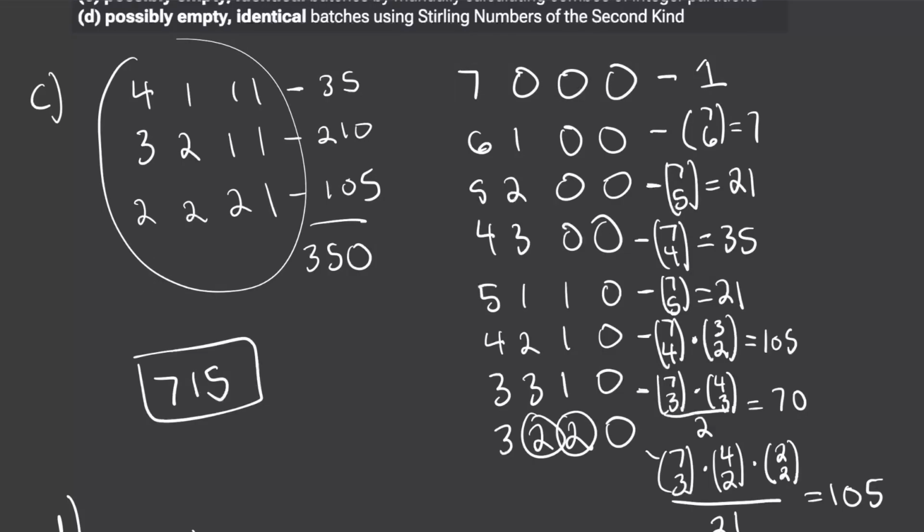It doesn't work for the partitions with multiple empty subsets like we see up here, right, where we have multiple zeros. The number of ways to permute these right here with 2 zeros would not be 4 factorial, it would be 4 factorial over 2 factorial, right, because we're doing the multinomial now. And for these with 3 zeros, it would not be 4 factorial, it would be 4 factorial over 3 factorial.